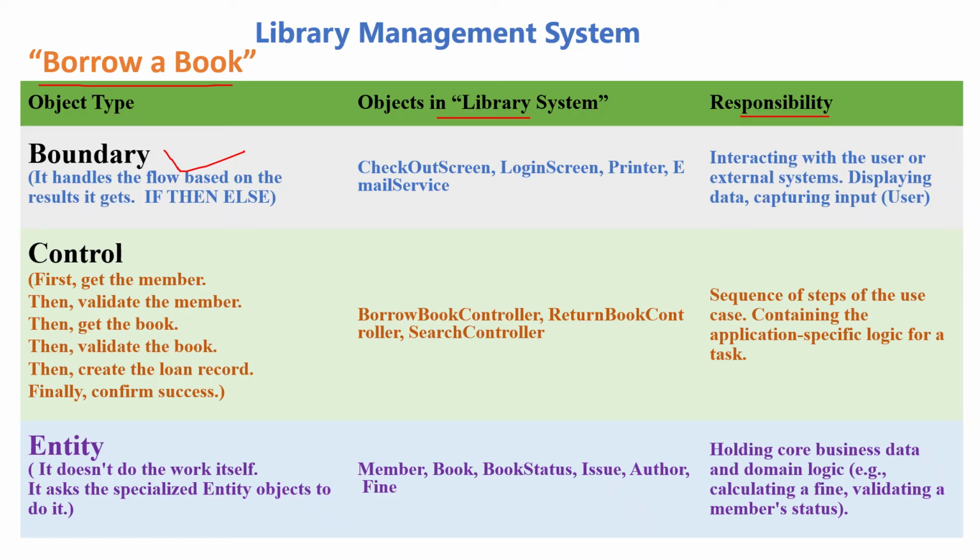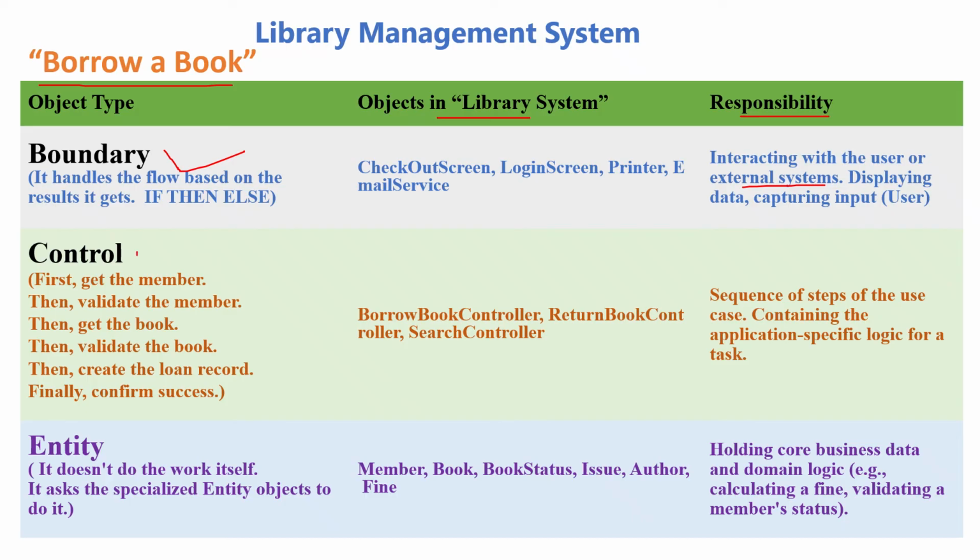Those kinds of flow conditions will be handled by the boundary. Specific to borrowing a book in the library management system, the checkout screen, login screen, printer, and email services can be examples of the boundary object. What is the role of the boundary object? With respect to borrowing a book, they interact with the user and the external systems. That is, the interaction happens between the user and the system.